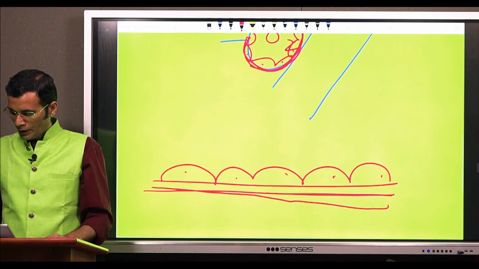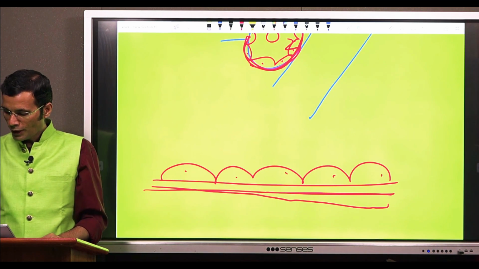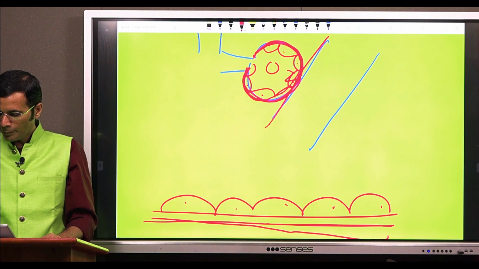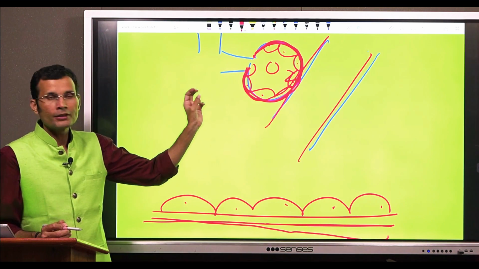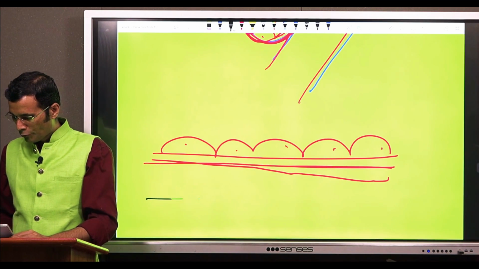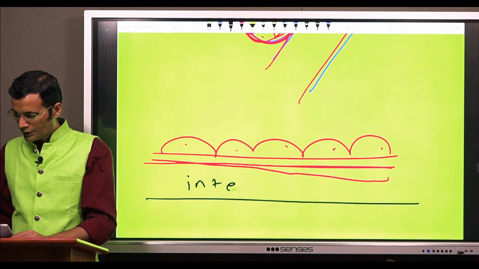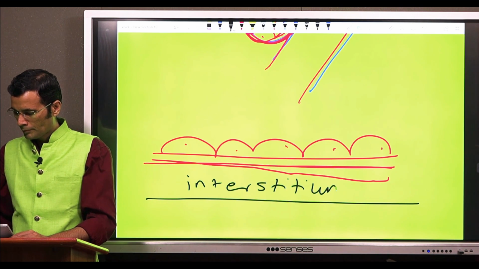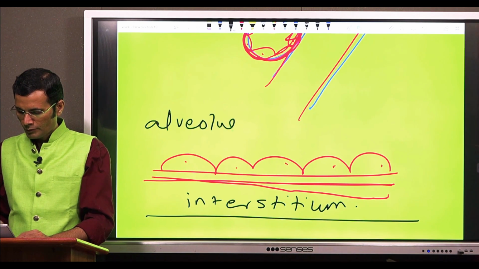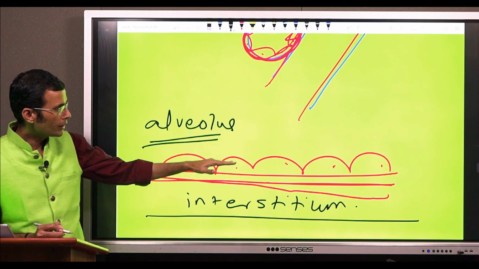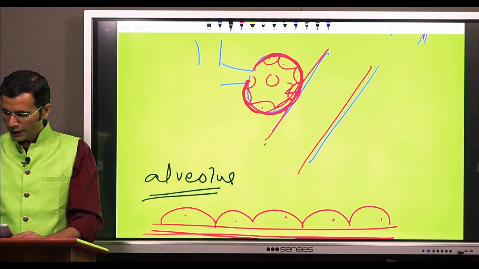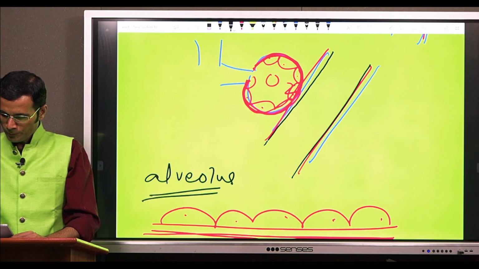Then the interstitium, as you can see, between the alveolar wall and the pulmonary capillary, pulmonary blood vessel, there would be interstitial space. So, there would be interstitium. This is the alveolus, epithelial lining, then the basement membrane, then the interstitium, and now starts the pulmonary capillary, the pulmonary blood vessel.